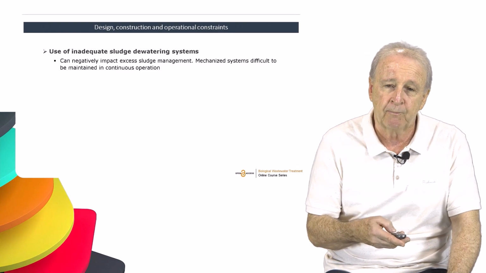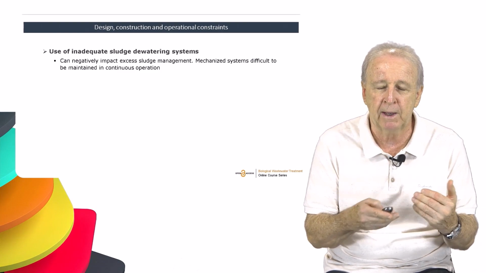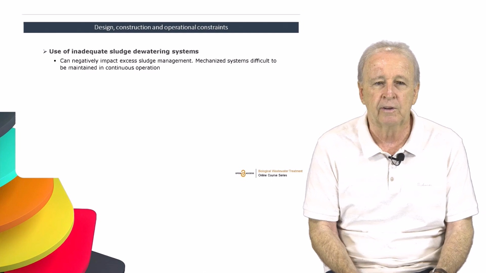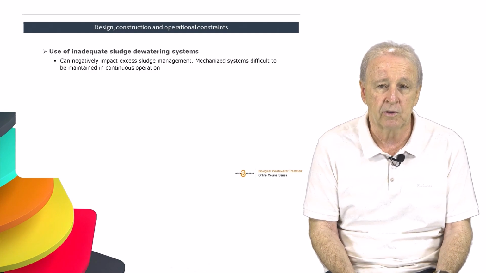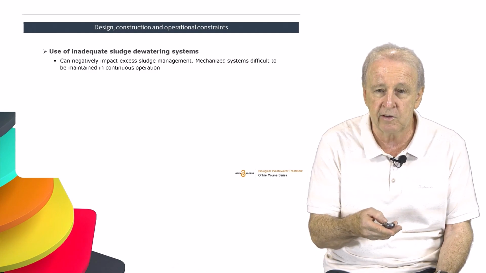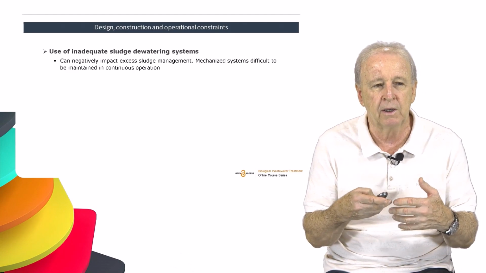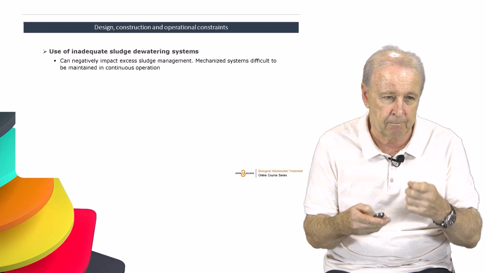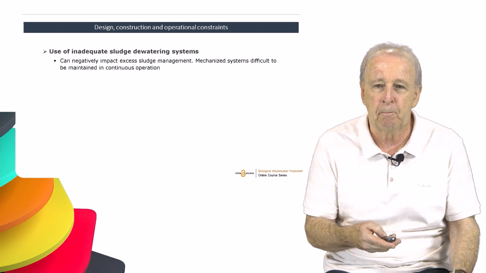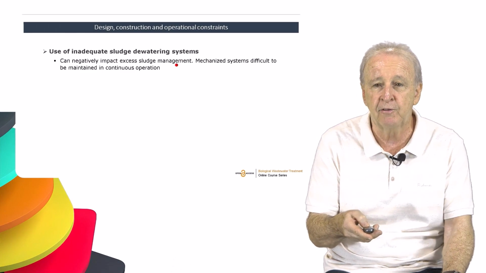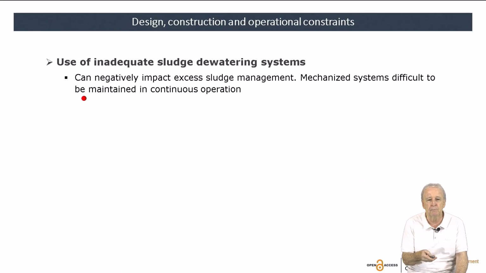And also, the choice between mechanized or natural dewatering systems. Mechanized systems are more compact and have a much bigger process capacity, but many times they are difficult to maintain in continuous operation.